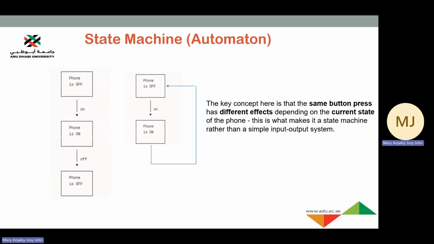I can draw again and again, but what is the easiest way to draw? The side flick. So this is another way of showing the operation of a phone. So you see how you modeled it using a state diagram. You don't have to say in words, like when I press the switch. No, you can easily show the operation of any device using a state diagram. Looks simple, yes?